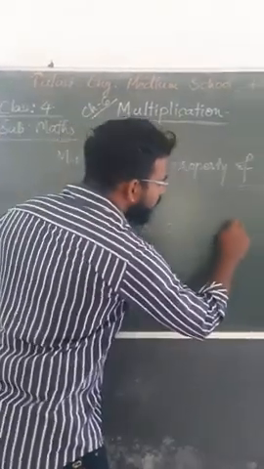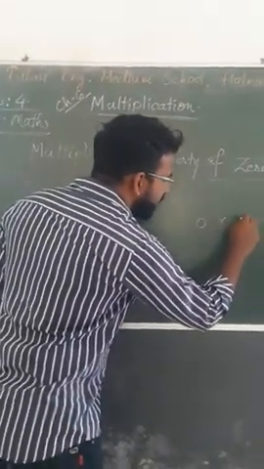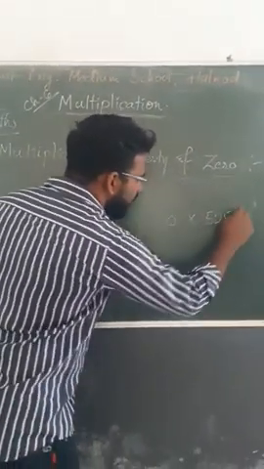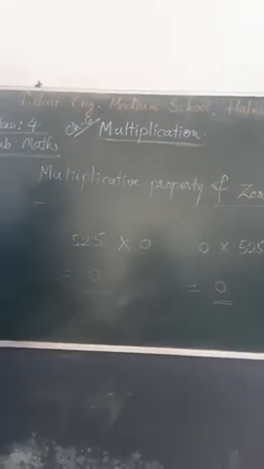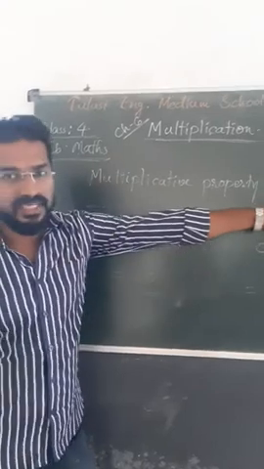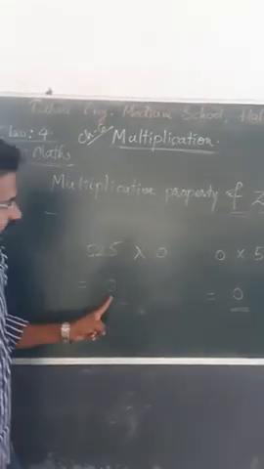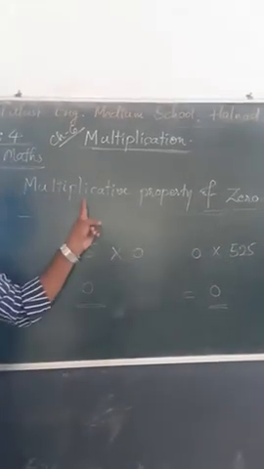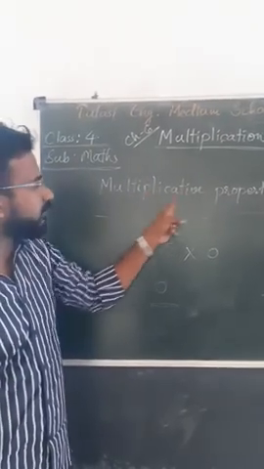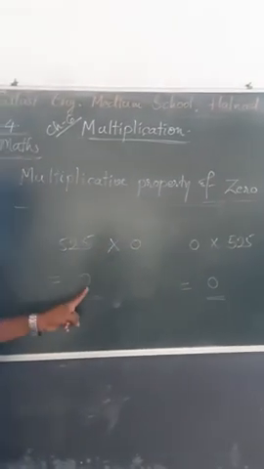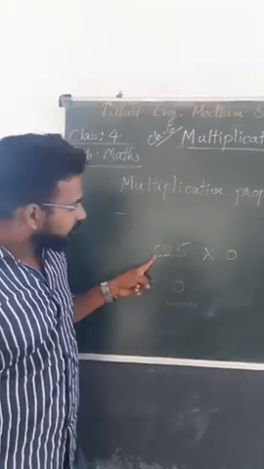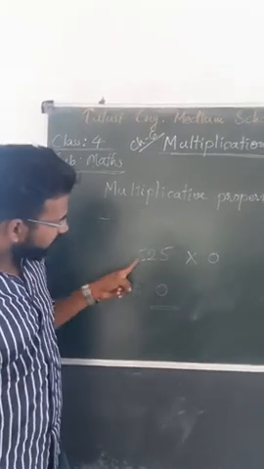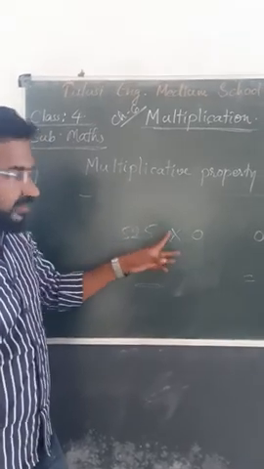Or when you multiply any number to 0, the result will be 0. When you multiply by 1, we will get the same number. But here when we multiply by 0, we will get 0. Whatever number it will be, if the number of digits are more or less, it doesn't matter.